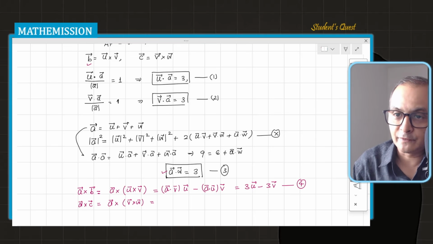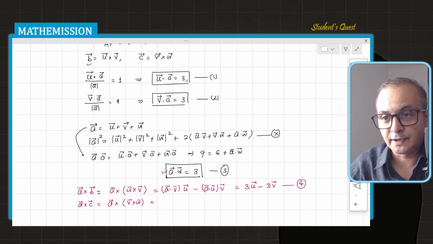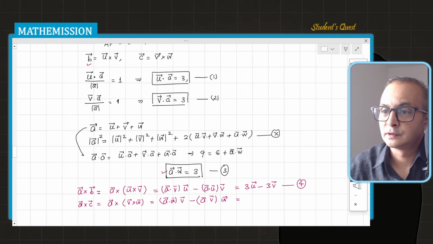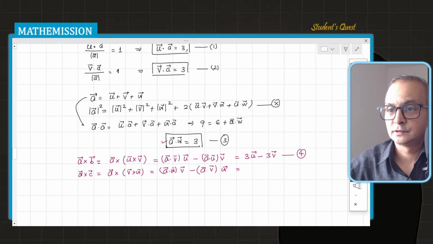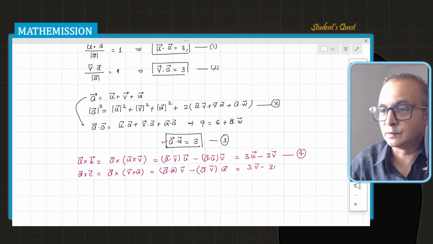But when I found A cross B, it came to my mind that if I find A cross C, then in the same way A dot W will be useful. So again, we apply here A dot W V vector minus A dot V W vector. And that is going to be 3V minus 3W. This is the fifth one.